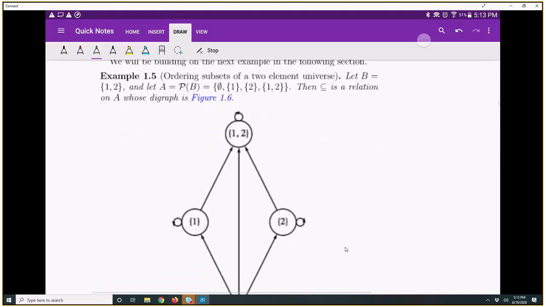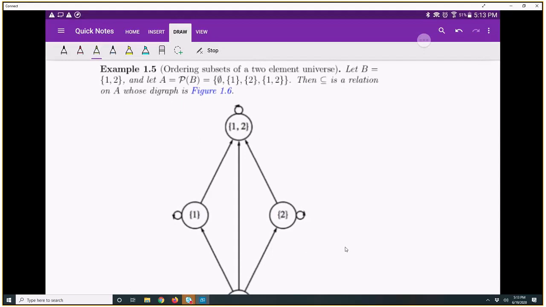So here's another example of a directed graph. In this example, we're giving a visualization of the relation of set inclusion, the ordering of the subsets of a two-element set. So we begin with the two-element set capital B equal to {1, 2}.